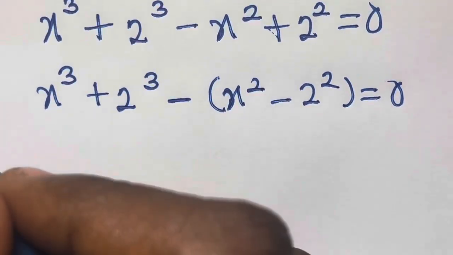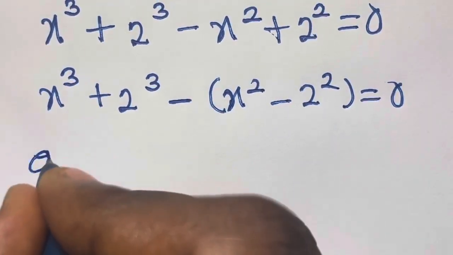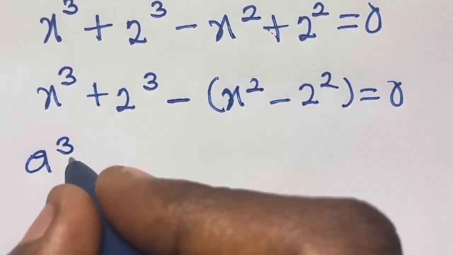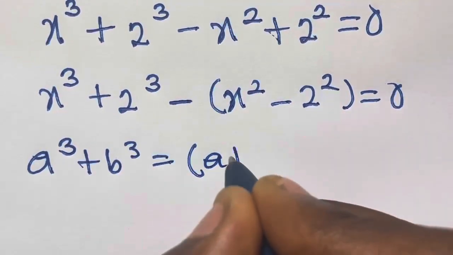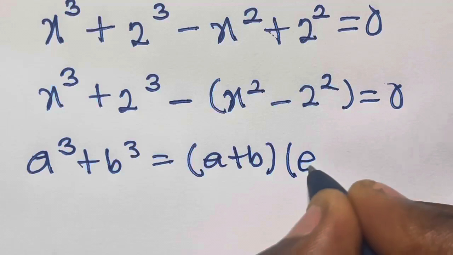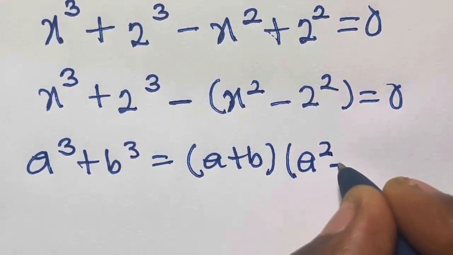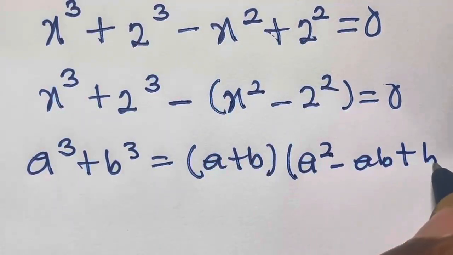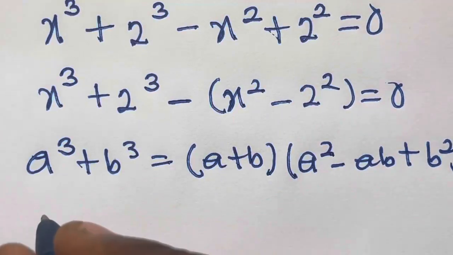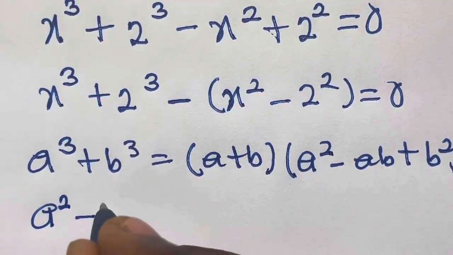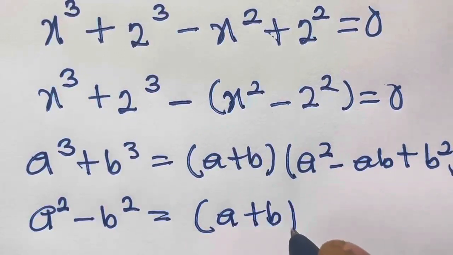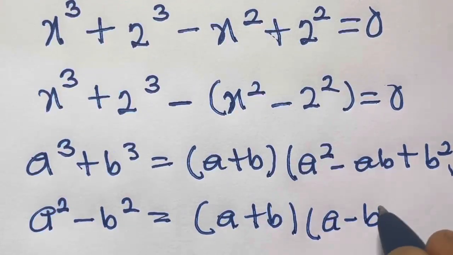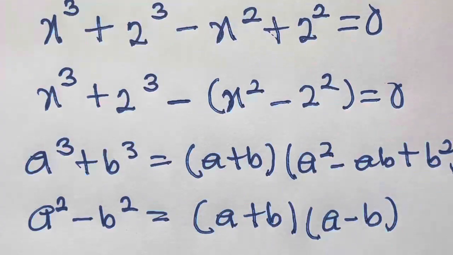So from here, let's remember the identity. a raised to the power 3 plus b raised to the power 3 equals a plus b, then a squared minus ab plus b squared. Also, difference of two squares, a squared minus b squared equals a plus b and a minus b. So let's apply this.